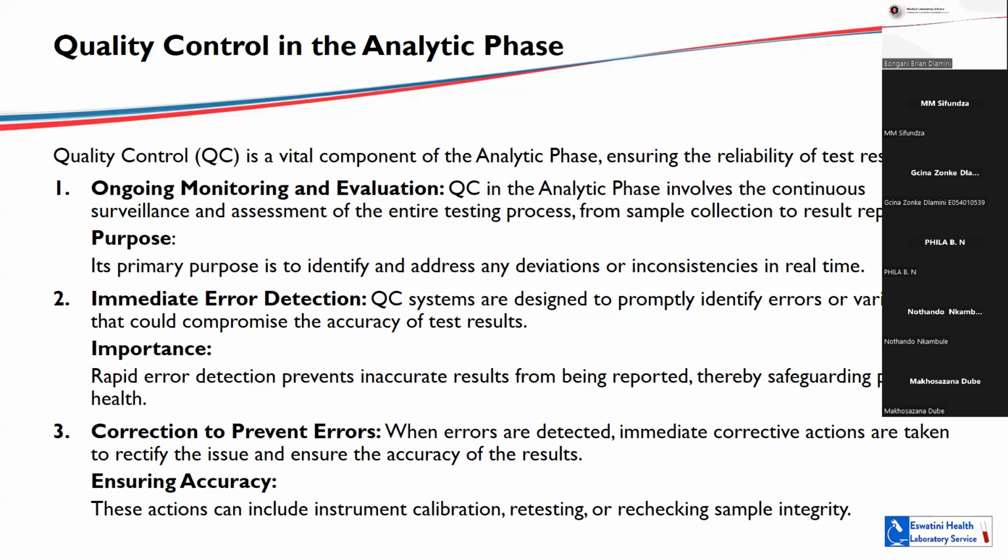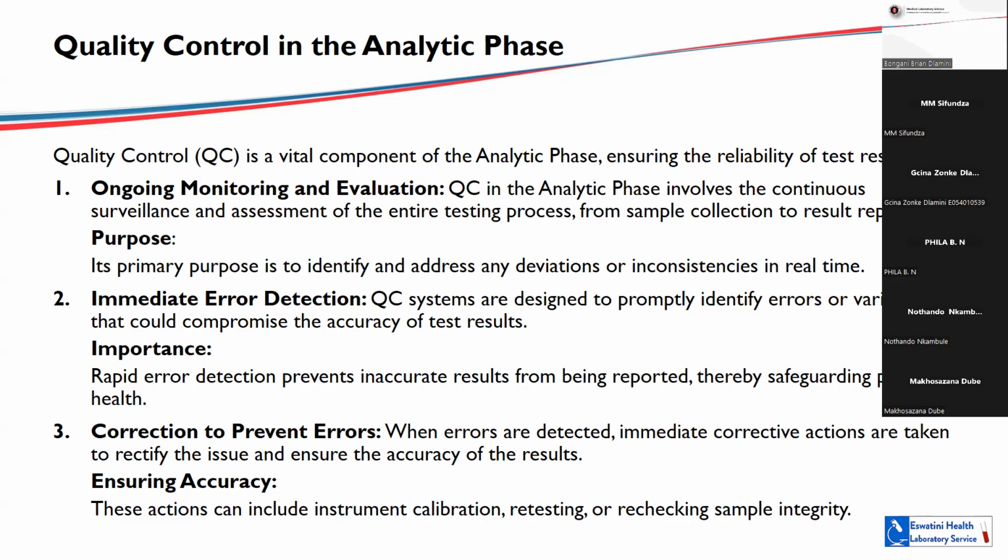We say our QC in the analytical phase involves continuous surveillance and assessment of the entire process, from sample collection to reporting of the results. So it goes across all the phases of the laboratory, from the pre-analytical to the post-analytical, and the analytical phase is part of it. Its purpose is to identify and address any deviations, non-conformities or inconsistencies in real time, so that we can then take action on it.